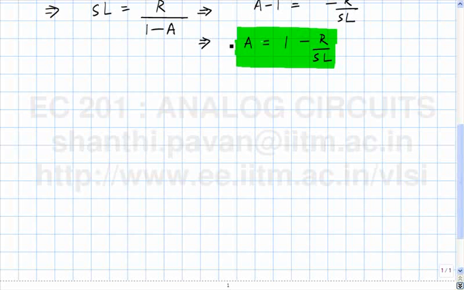In other words, we want A of S to be 1 minus R by SL. We already know one trick, and what is the trick that we learned?